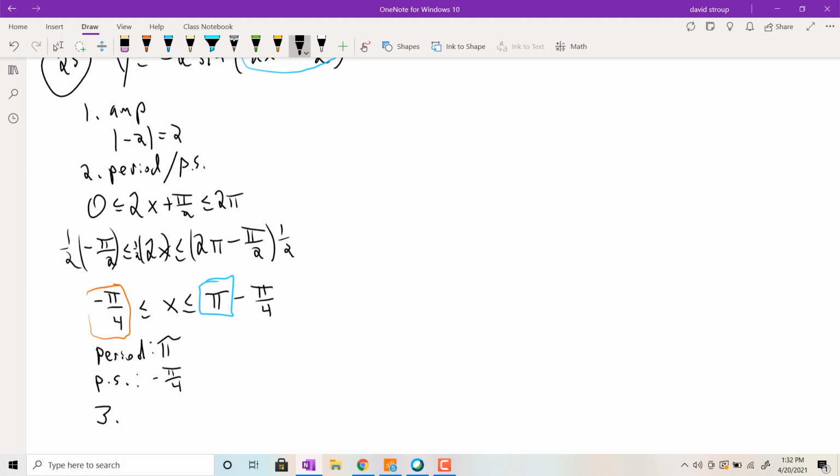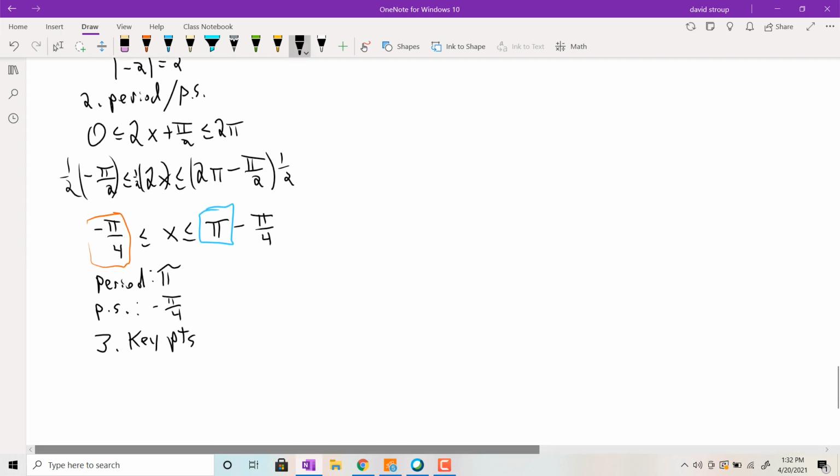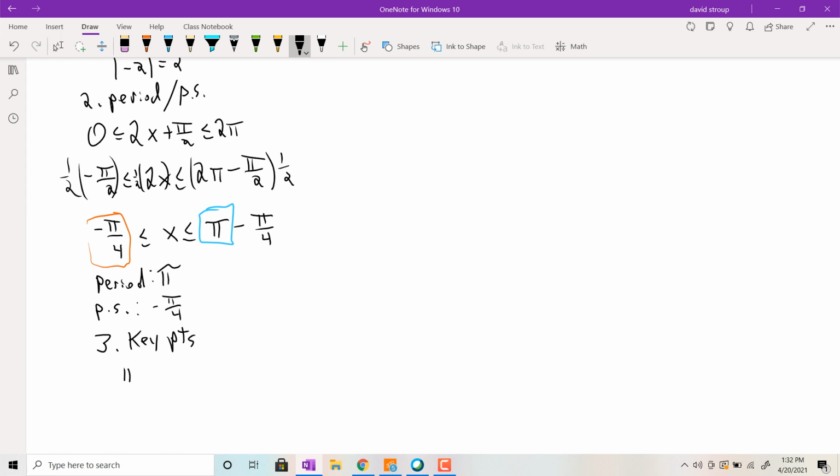Finally, your tick marks are, maybe we called them key points back in the day. So what are you doing here? You're dividing the period by 4. So you take the period and multiply by 1 over 4. And you get pi over 4. Okay. So you're going to start where the phase shift is and then use the pi over 4s to move to the next key point.